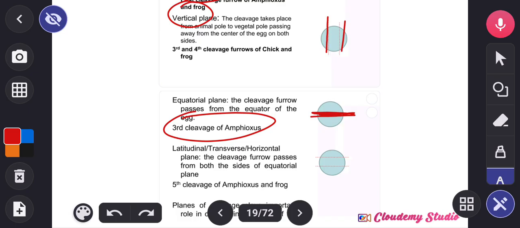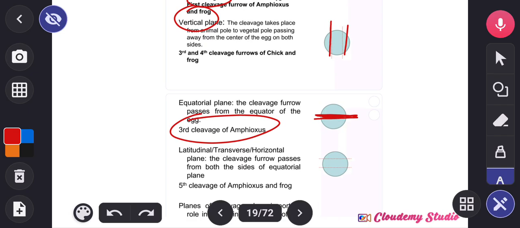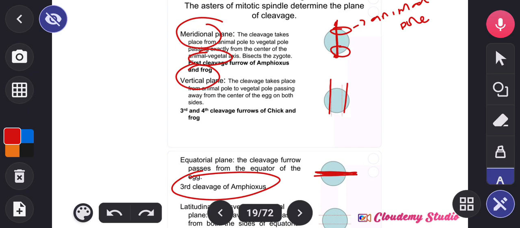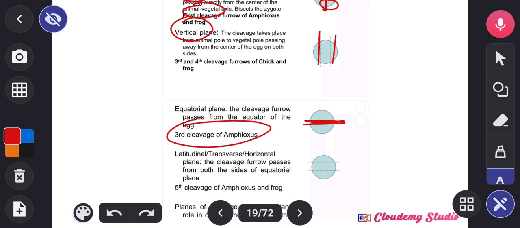Now, the next one is the latitudinal, or transverse, or horizontal plane. This is similar to the equatorial plane, but it lies on the other side of the equator. Just like the vertical is similar to the meridional plane, the latitudinal is similar to the equatorial plane, but lies on the other side of the equator.